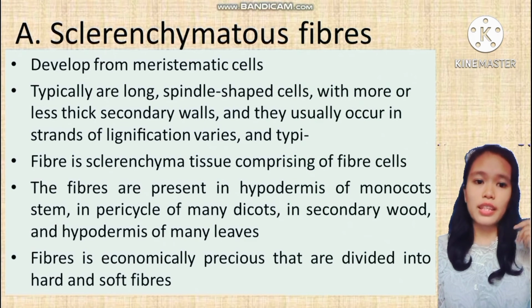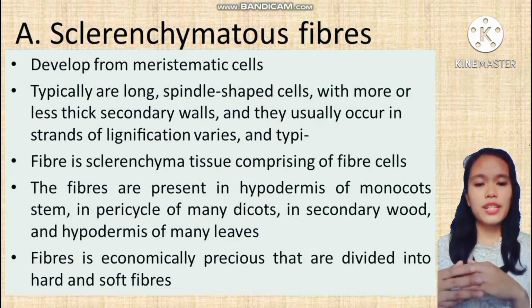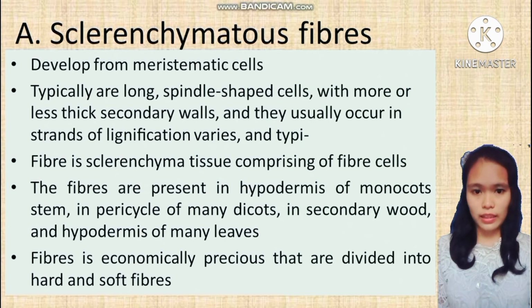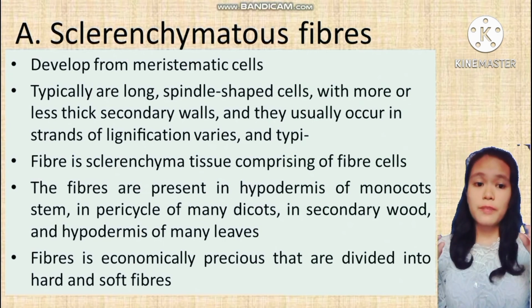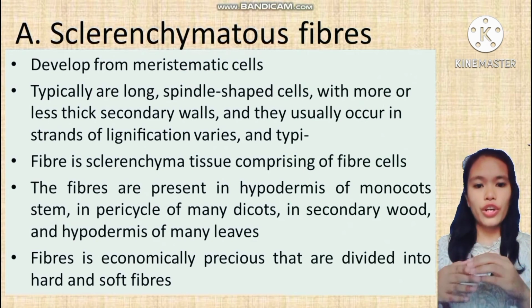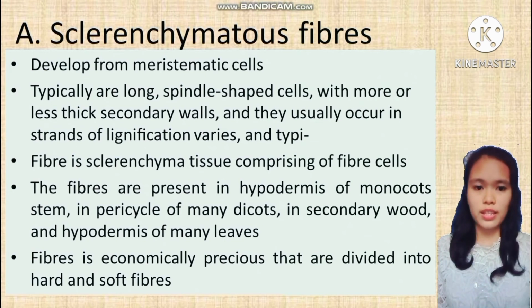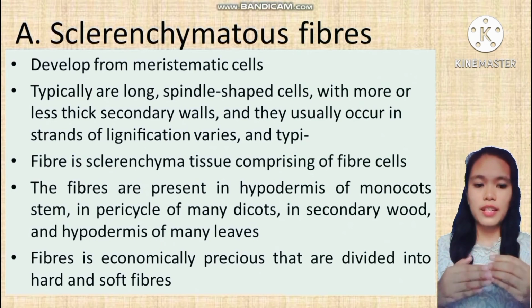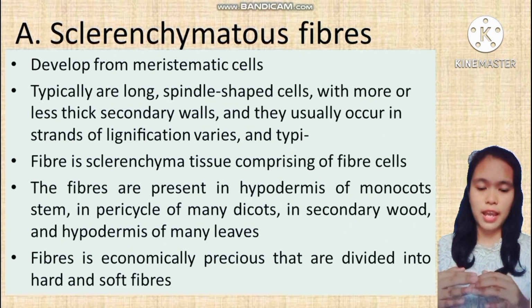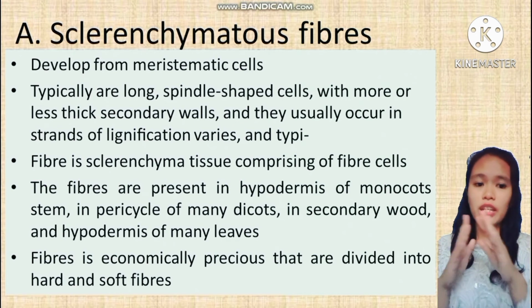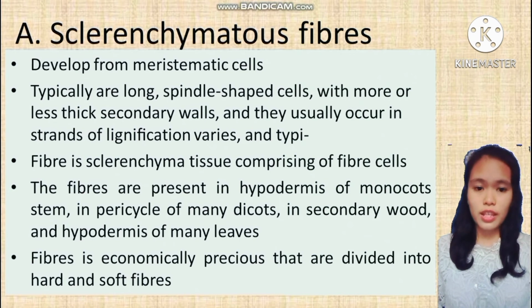First, sclerenchymatous fibers. The fibers are developed from meristematic cells. The fiber type are long, spindle-shaped cells with more or less thick secondary walls, and they usually occur in strands of various lignification. Fiber tissue comprises fiber cells. The fibers are present in hypodermis of monocot stem, in pericycle of many dicots, in secondary root, and hypodermis of many leaves.